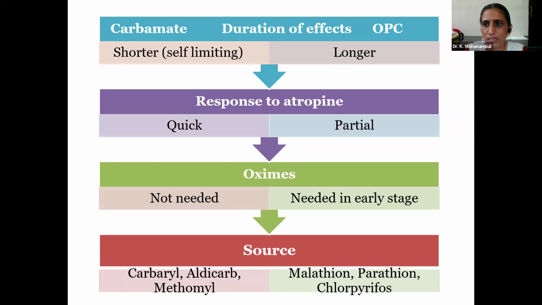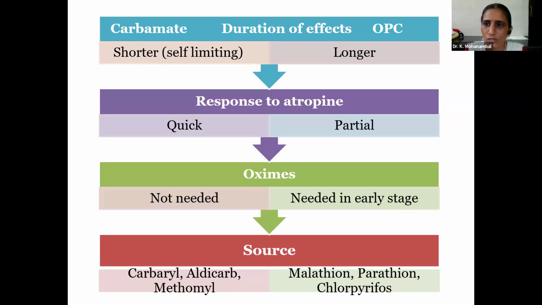It will bind with acetylcholinesterase so that the OPC compounds don't have a place to bind. So reversal is possible if the animal is presented very early and we know from proper history that the animal has ingested OPC compounds. If that is so, we can go with 2-PAM instead of atropine.